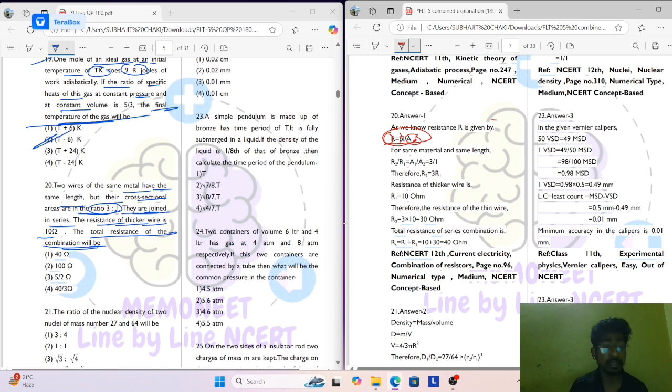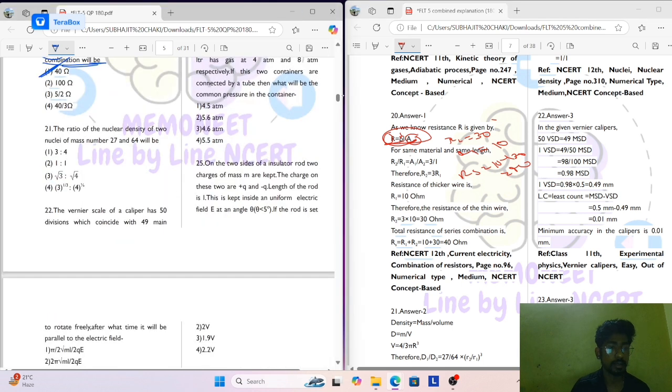So their cross sectional area is 3 times, and therefore the thinner wire's resistance will be 3 times, so R2 is 30 and R1 is 10. If they are connected in series, RS equals 10 plus 30 equals 40 ohm. Therefore option number 1 will be the correct option.